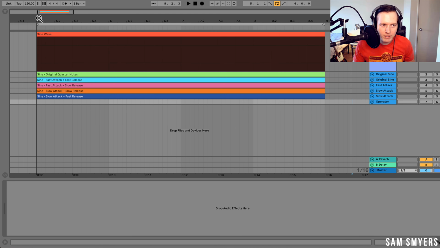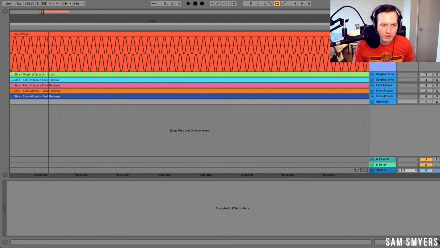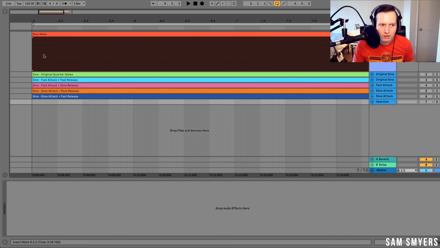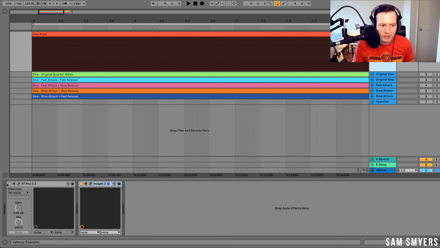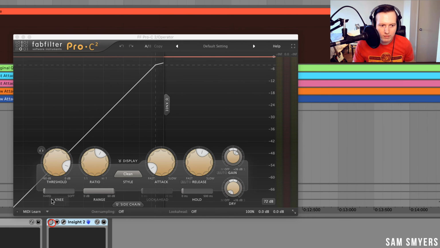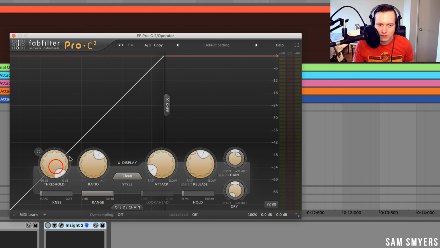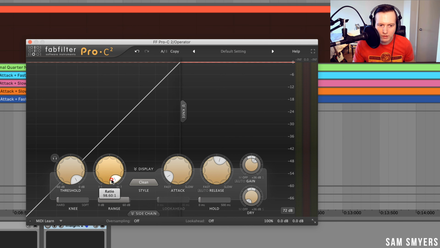Let's look at a compressor with limiting. I have a sine wave. Here you can see a sine wave. And I have a compressor applied to the sine wave. The threshold I'm going to set to 0 dB. The ratio I am going to set to 100:1, which means it's going to be limiting. And I'm going to make sure that the output gain is set to 0.